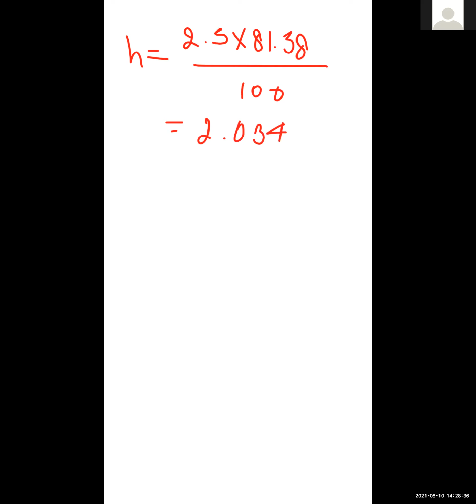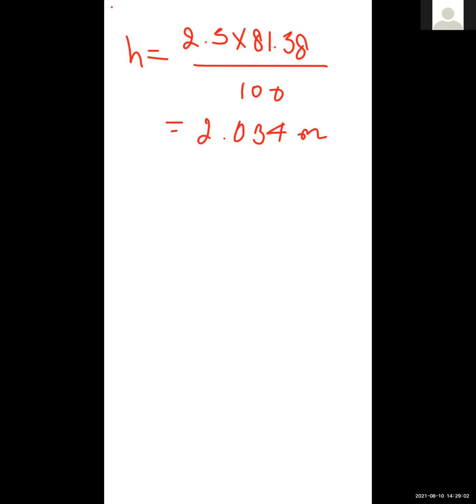So this H value equal to 2.5 into 81.38 divided by 100, and this value is equal to 2.034 meters. This is the hydraulic head available.